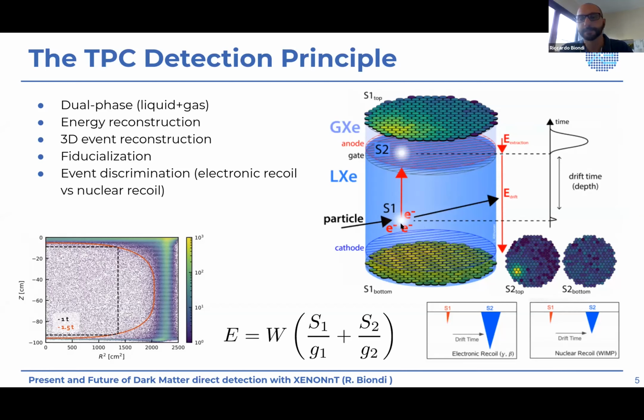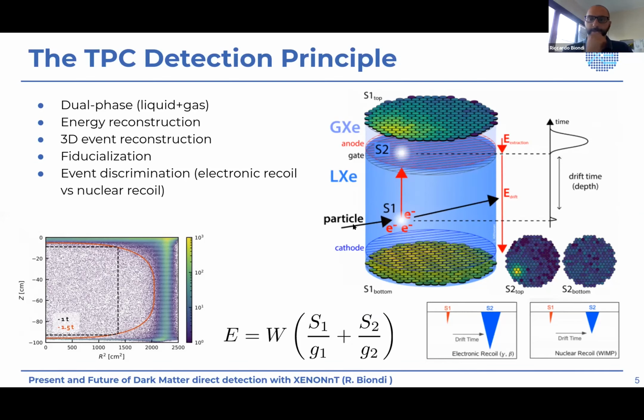These electrons are drifted up by means of this electric field. They are drifted up through the interface between liquid and gas xenon, where they are extracted with another, much stronger electric field. And then when they hit the gas phase, they produce a secondary light signal that we call S2.